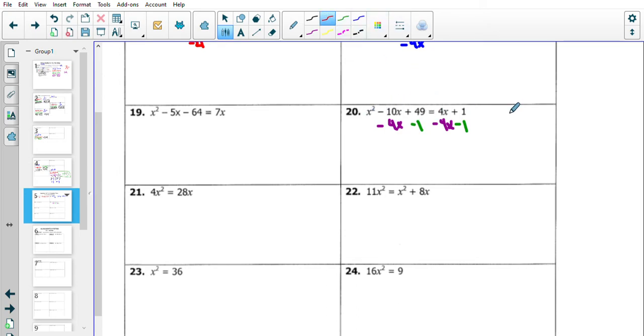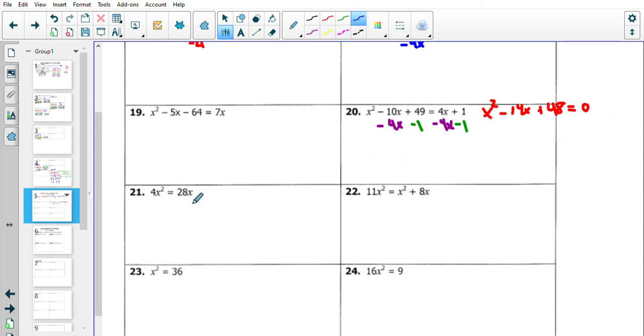So the x squared does not change. Negative 10x minus 4x gives us a bigger negative of negative 14x. And then 49 minus 1 gives us a positive 48. So again, we're setting it up here.